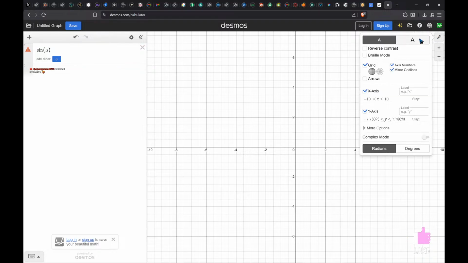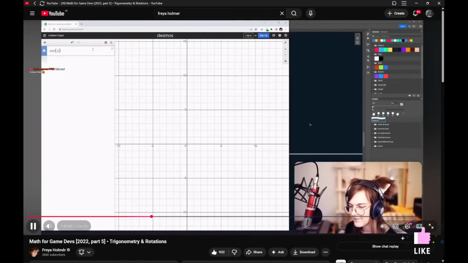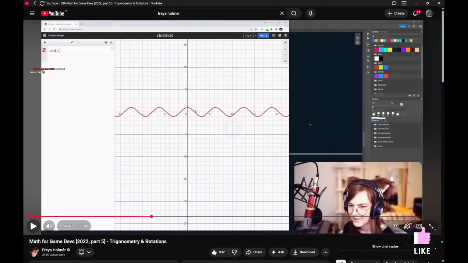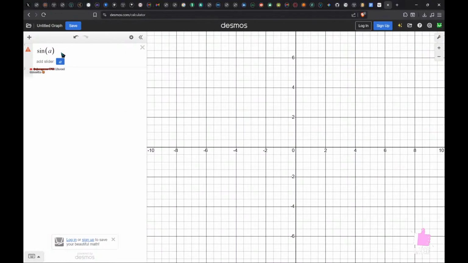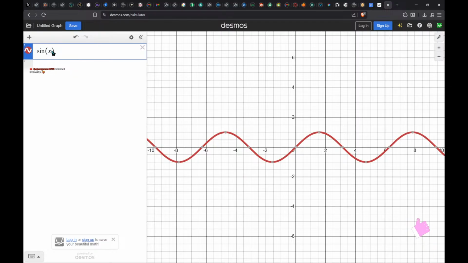And so if you do the cosine of x, and the sine of x. See how it reaches from -1 to 1.